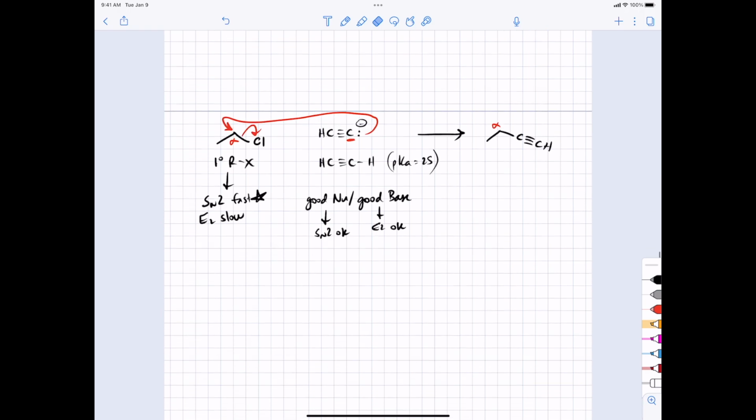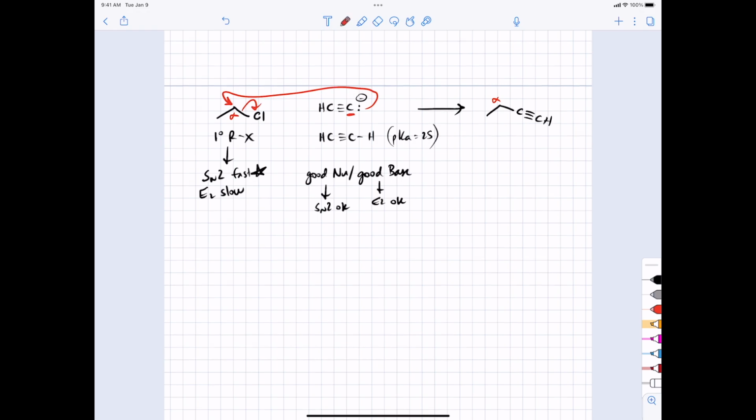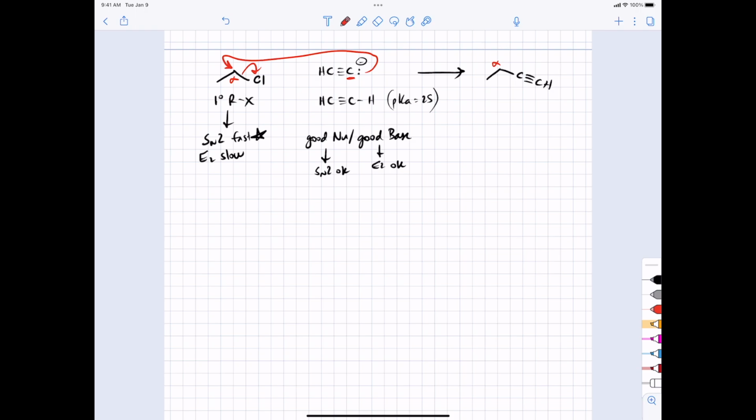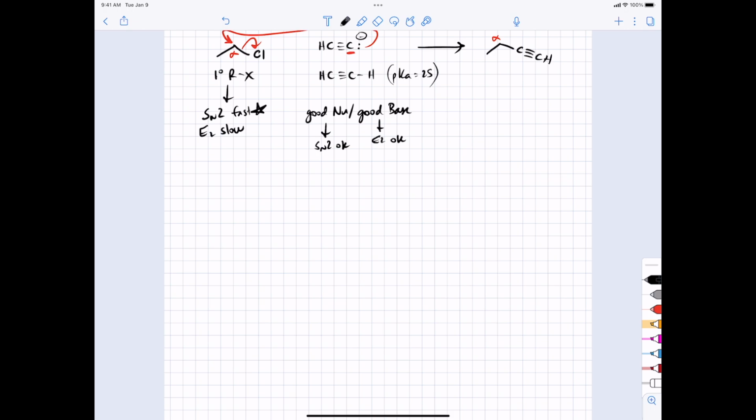All right, finally, let's consider a situation in which we use one of our molecules that's a good strong base, but a poor nucleophile due to steric hindrance. This is T-butoxide, which is a good strong base.